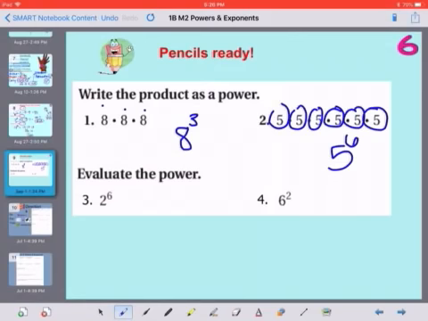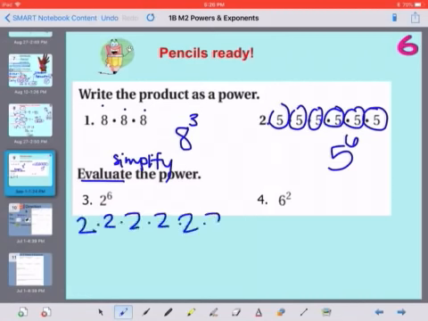These ones are evaluate. Remember, evaluate means simplify or solve. So we have 2. We're multiplying it 6 times. 1, 2, 3, 4, 5, 6. So we know 2 times 2 is 4. So we're done with these. Then 4 times 2 is 8.